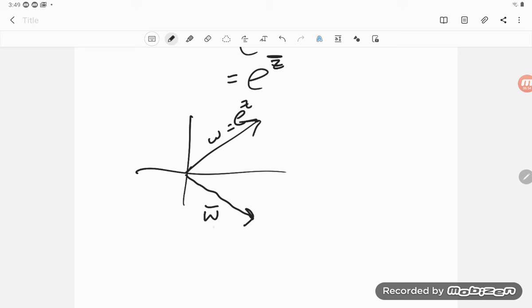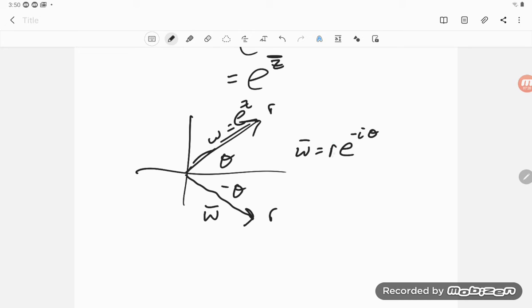So this is w conjugate. And what we can see is that the modulus is the same, r and r here, but then if that's theta, this is minus theta. And so we can see that w conjugate is r e to the minus i theta.